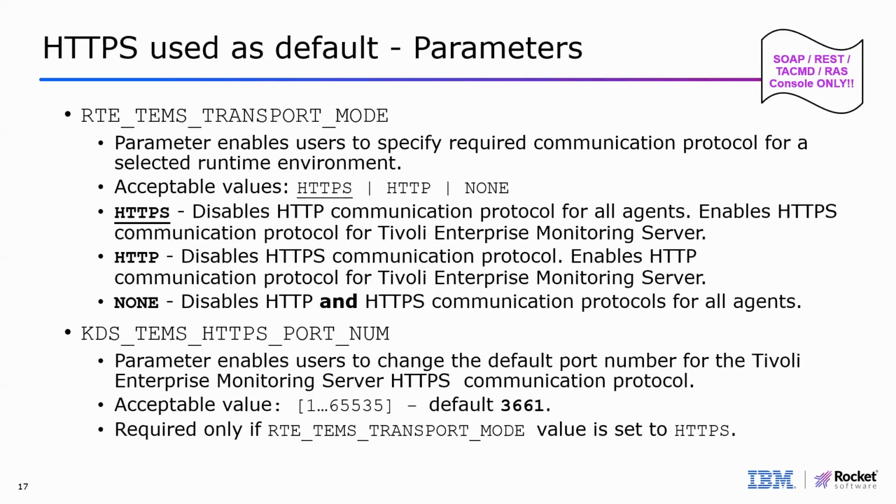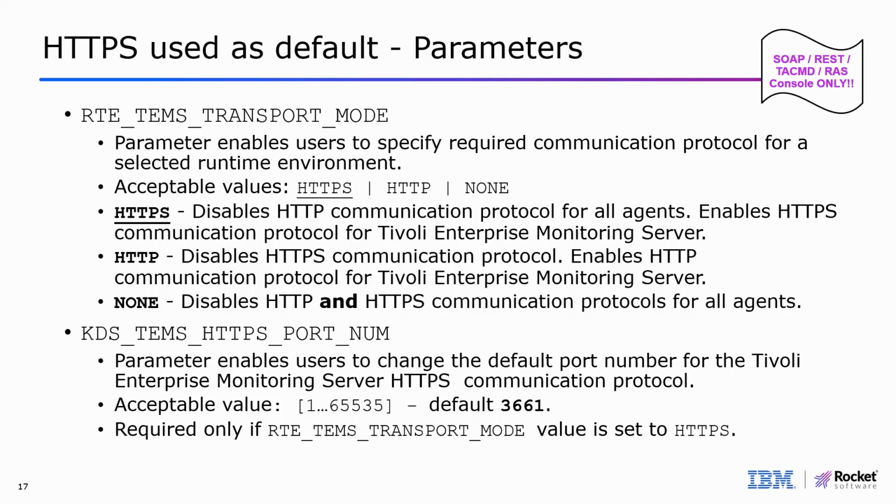So what we did is we introduced primarily one new configuration parameter at the RTE level, which is called RTE TAMS transport mode. It can have HTTPS, HTTP, or none as the respective valid settings or values.